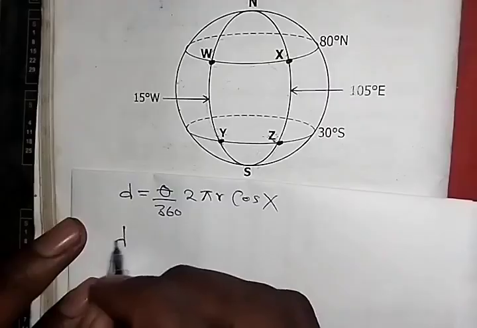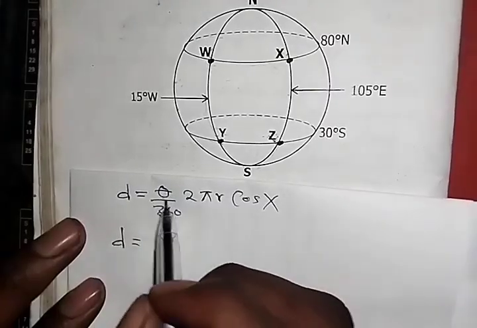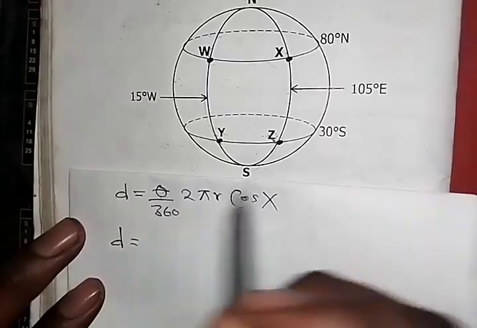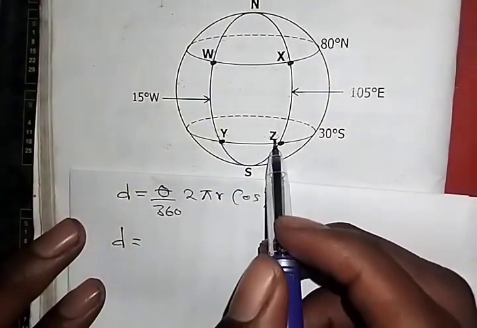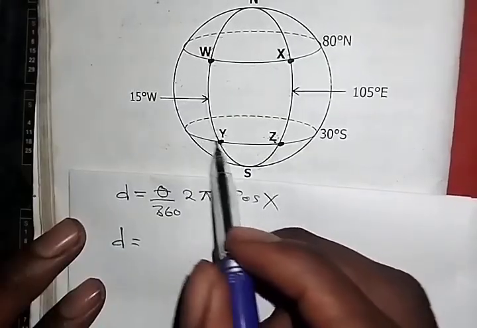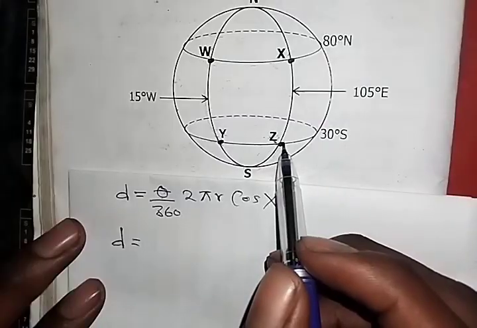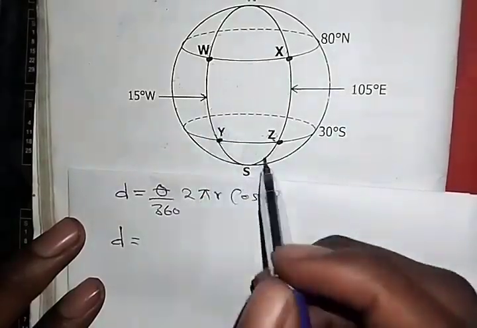So we're going to say our distance is equal to, what is the theta here now? The theta is the difference between y and z. Y and z are on the same latitude, meaning that the difference should be in the longitude.